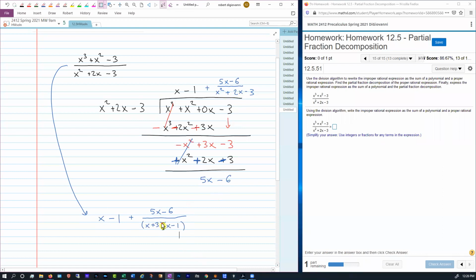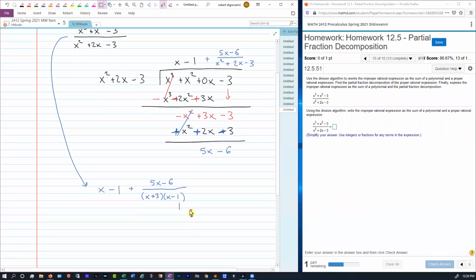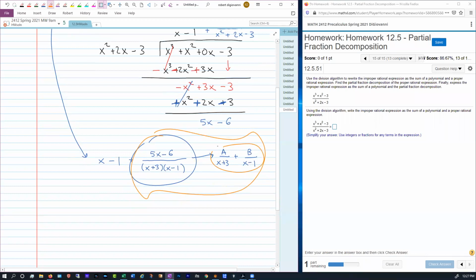Okay, and now what we'll do at this point is just look at this, we've got distinct linear factors, so that turns into a over x plus 3, and then plus b over x minus 1. So probably the short method would work here. Figure out what a and b is, and you'll get your answer for there.